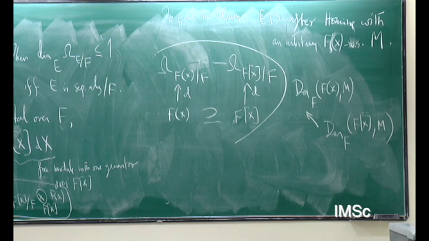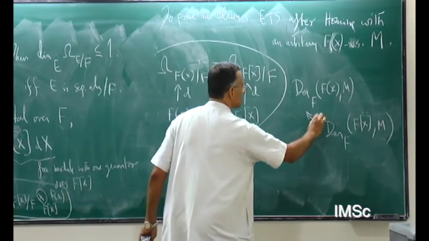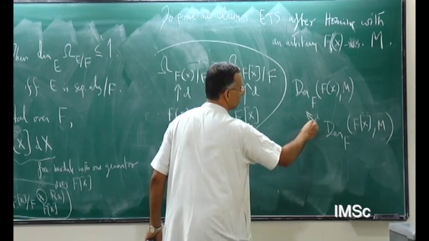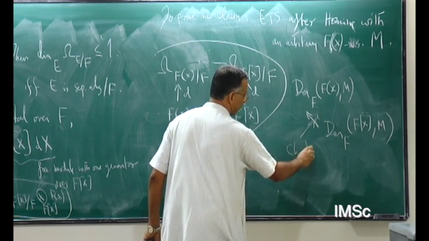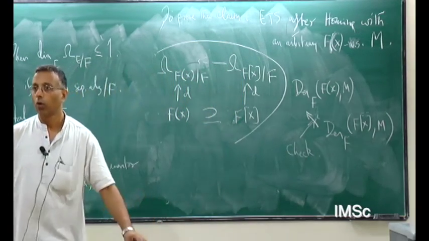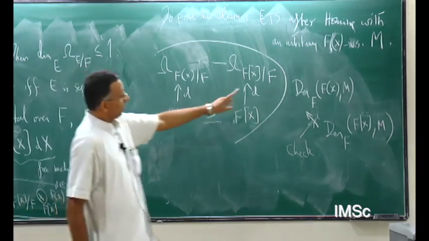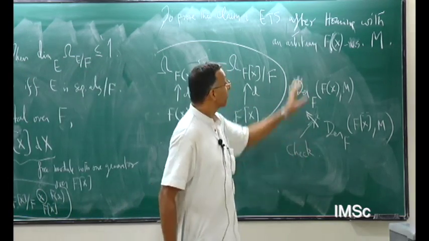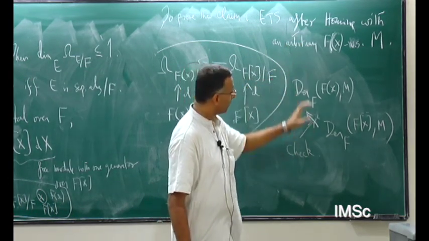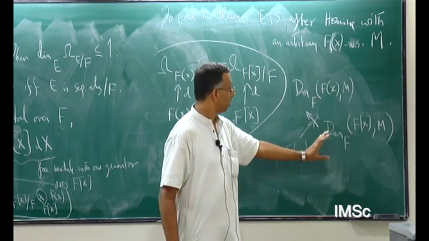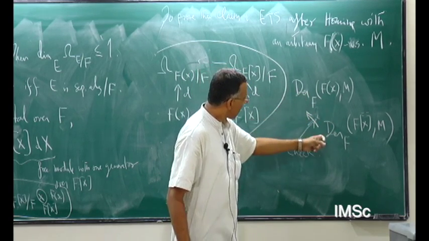Right? The claim is this is an isomorphism. And that's a check. So what I'm saying is this is equivalent to this being an isomorphism via this observation, but that is easy to check because this map is an injection.